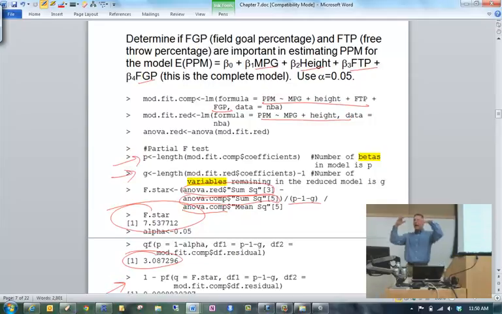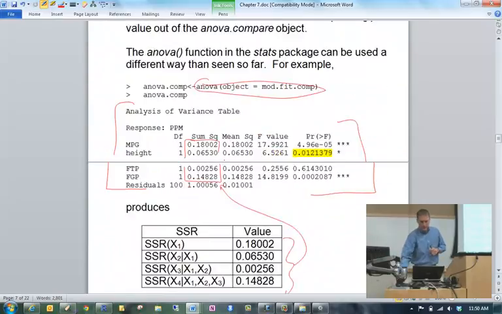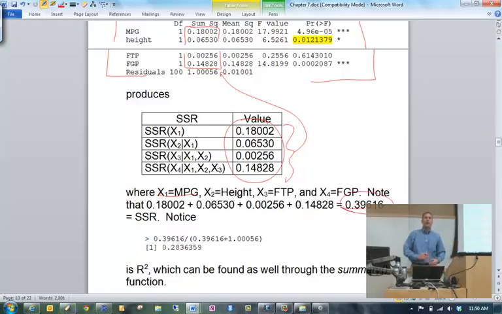So the way that R structures everything is in terms of the order that you put the predictor variables in that formula argument. And again, if I were to sum up all these SSRs, I get the overall SSR. This would be the sums of squares due to your regression.